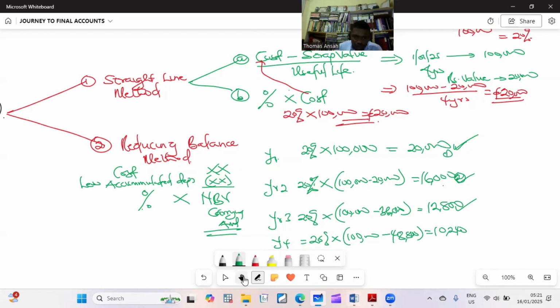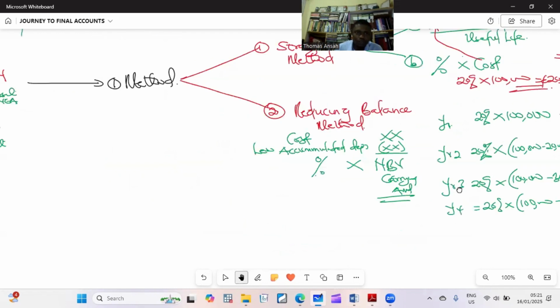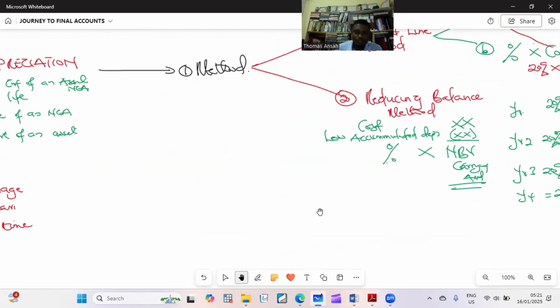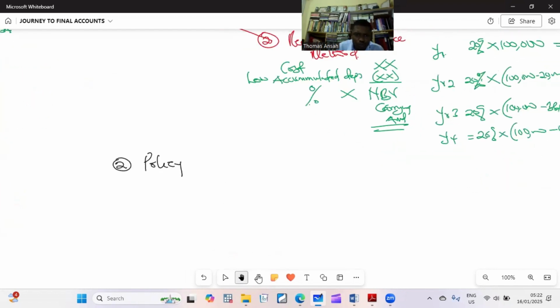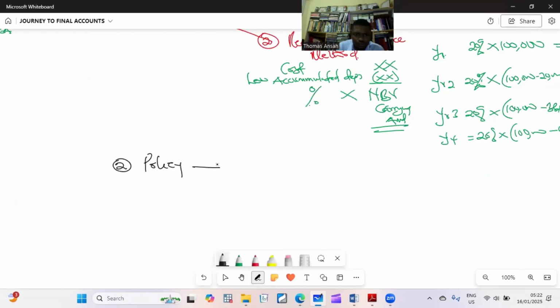All right. The next thing you need to take note of when you are doing depreciation is the policy. Policy of the company. Basically, there are two main policies. Policy one is on ownership.